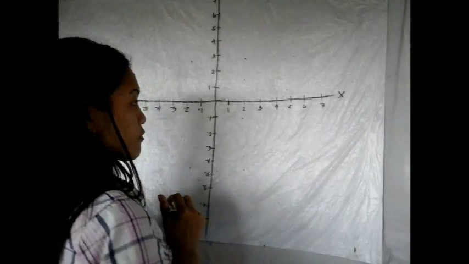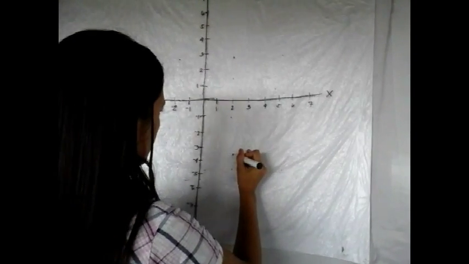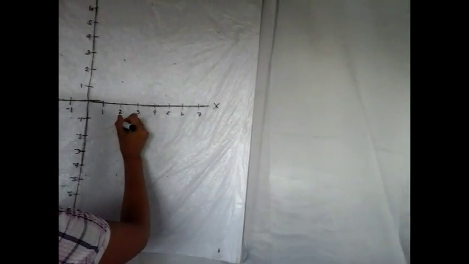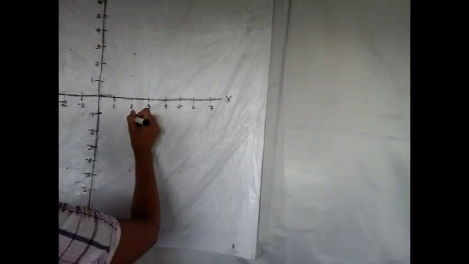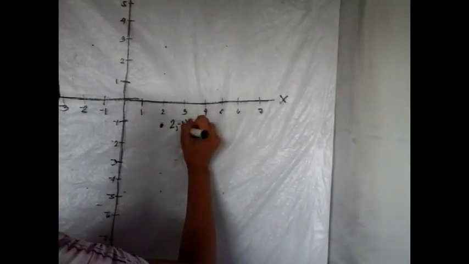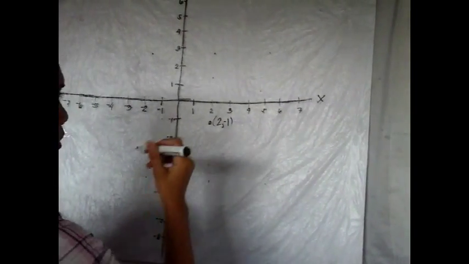By sketching the graph, we need to locate first the center. Our center is 2 and negative 1. Next is our vertex 1.